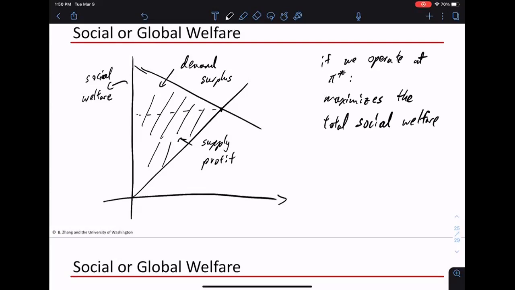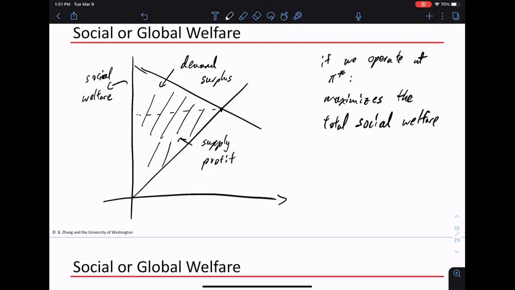If all the transactions are cleared at pi star, the clearing price, the equilibrium price, then we basically maximize the area between these two curves.